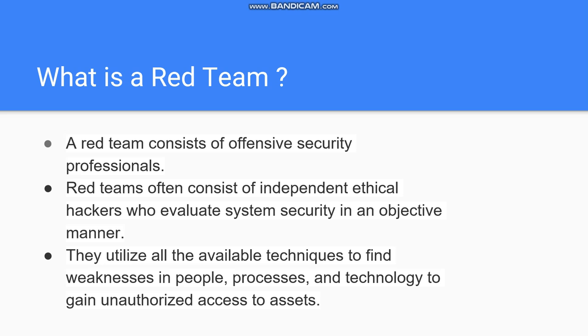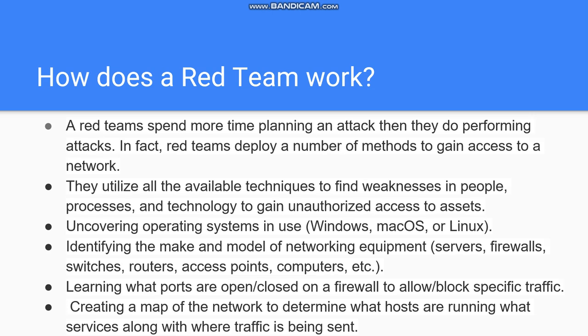So basically, in a red team, they are going to find vulnerabilities in blue team mechanisms, whatever they use to defend their company or organization. So the role of the red team is to find vulnerabilities in those mechanisms.